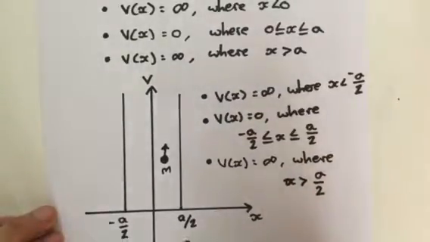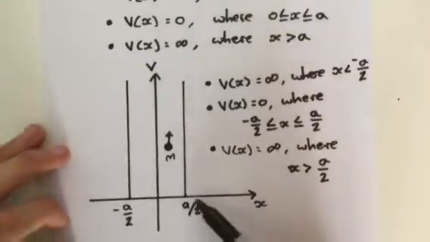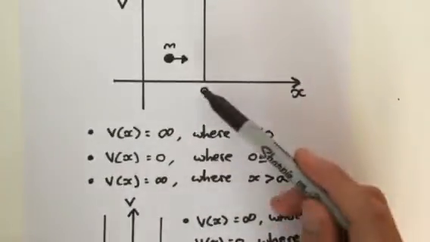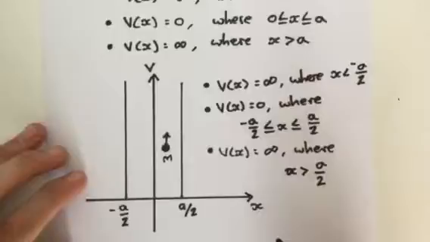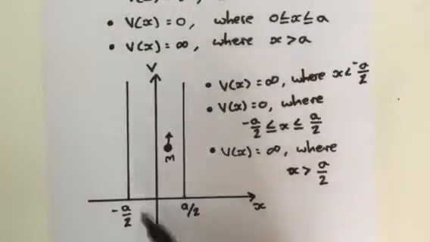So you can translate from this new square well to the old one by adding a half a, because if we add a half a to this, we just get a. This is all around the origin, it's symmetric.